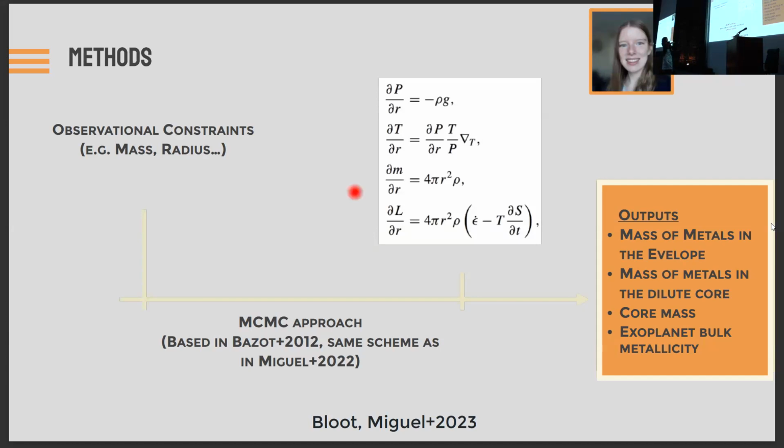And then we do a Bayesian model. So basically we don't run one model, we run hundreds of thousands to see which ones fit the observational constraints better. And then what we get out is the mass of metals in the envelope, the mass of metals in this dilute core region, the core mass, and the bulk metallicities of exoplanets.